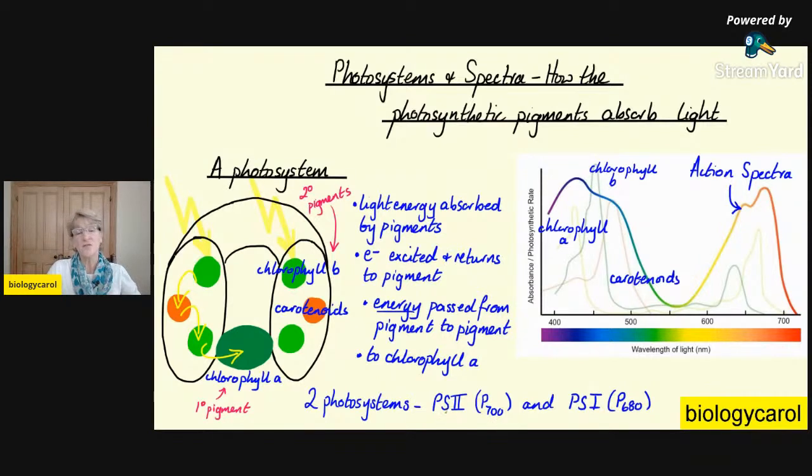So photosystem 2 is often called P700 because that is the wavelength of light that the chlorophyll A in photosystem 2 has its maximum absorbance. And equally, photosystem 1 is sometimes called P60 because it's 680 nanometers, which is the wavelength of light which has the maximum absorbance of light for the chlorophyll A in photosystem 1.